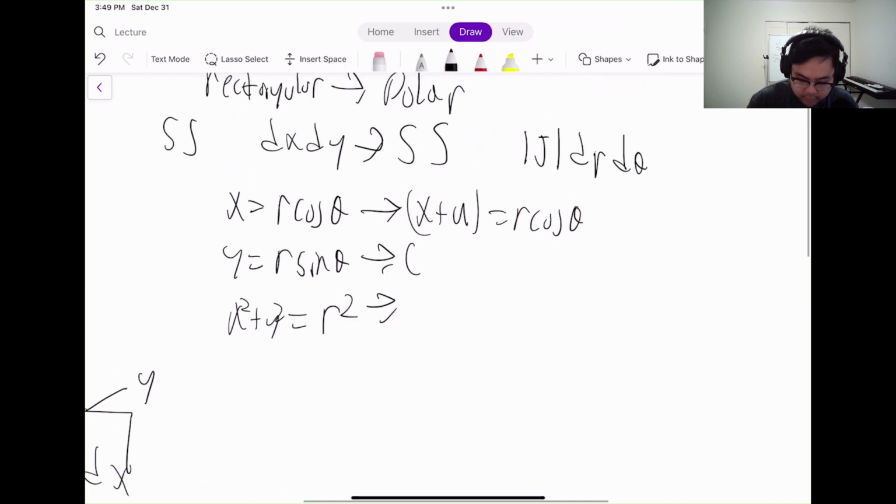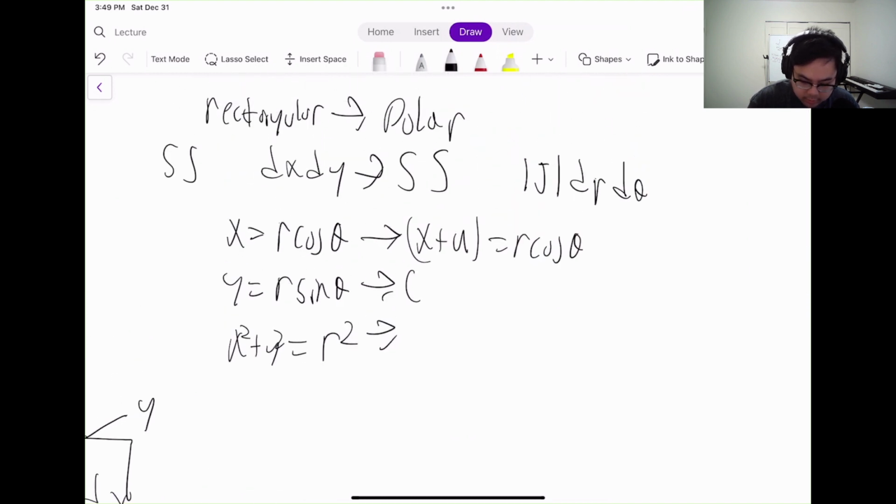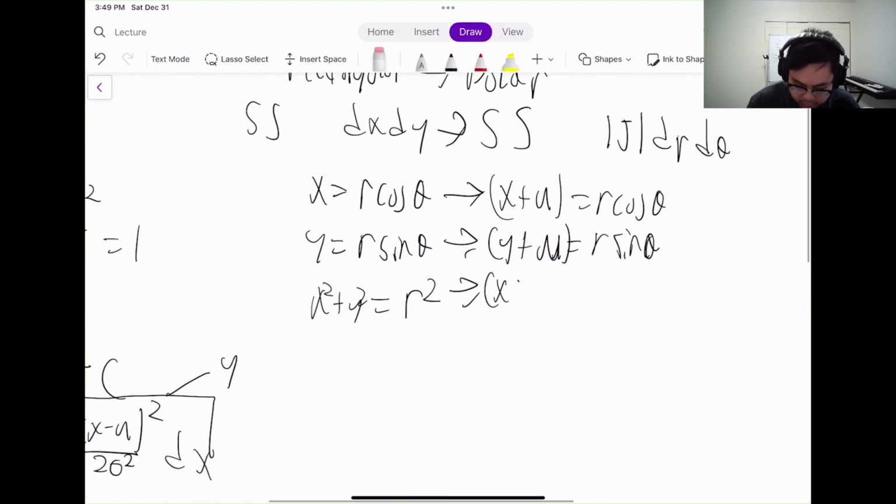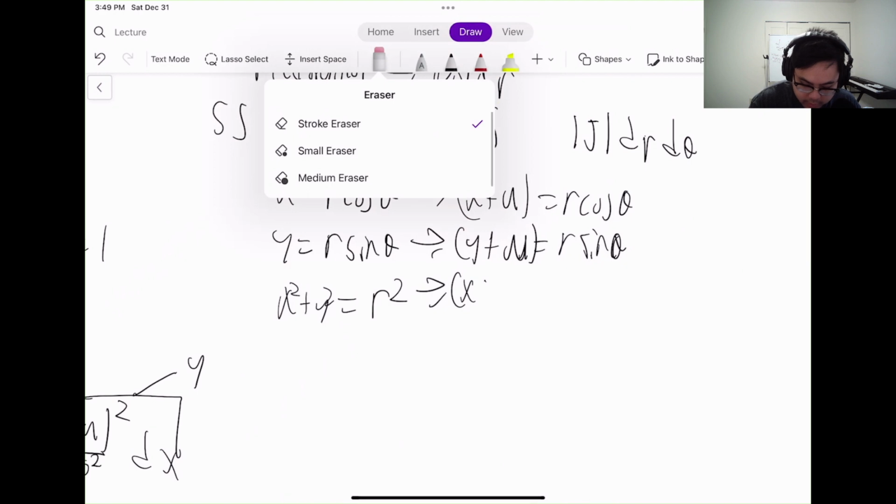So what we're doing here, we have y plus mu equals r sine theta, right? And then we have x, let me see, wait, is it minus? Oh, sorry, it's minus. Hold up, my bad.